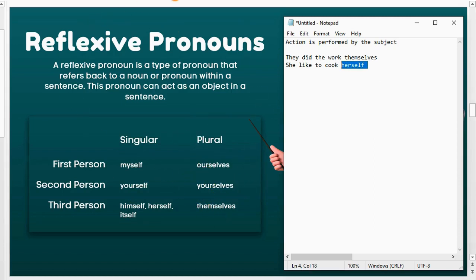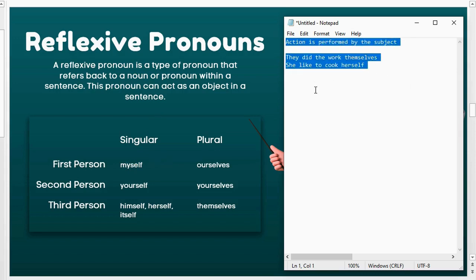I hope it is clear in your mind that a reflexive pronoun is when you come back to yourself. And performed by the subject means the speaker, I am talking about myself, then this will be myself.